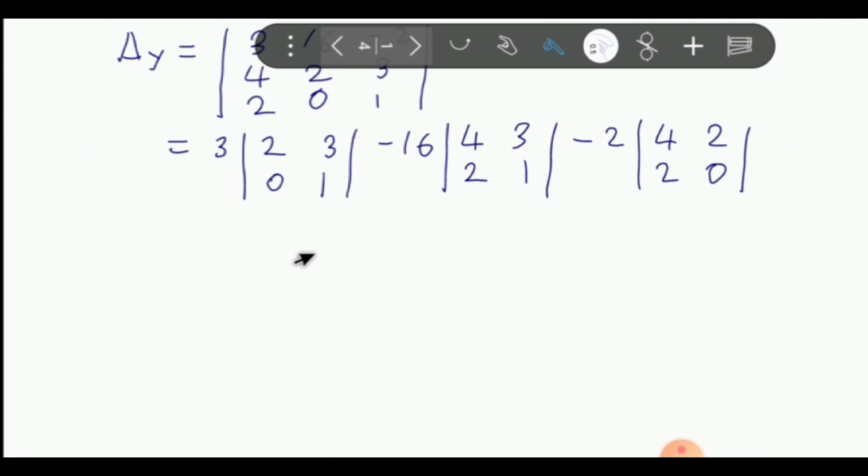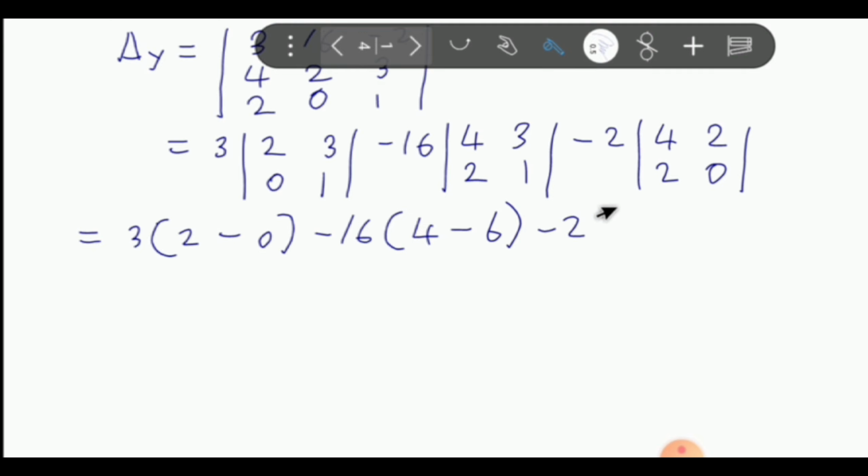So we continue. Here will be 3, open a bracket, 2 times 1, 2, minus 3 times 0, that's 0, close the bracket, then minus 16, open bracket, 4 times 1, that's 4, minus 6, close the bracket, then here is minus 2, open bracket, 4 times 0, that's 0, minus 4, 0, 2 times 2, 4.